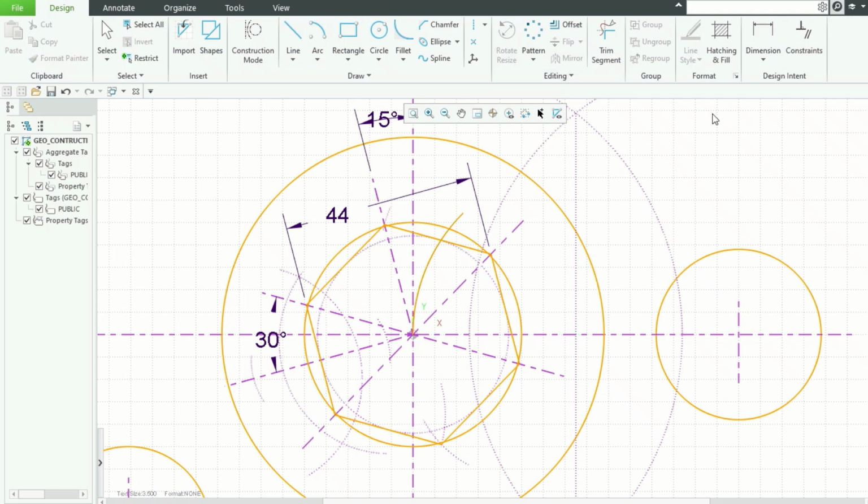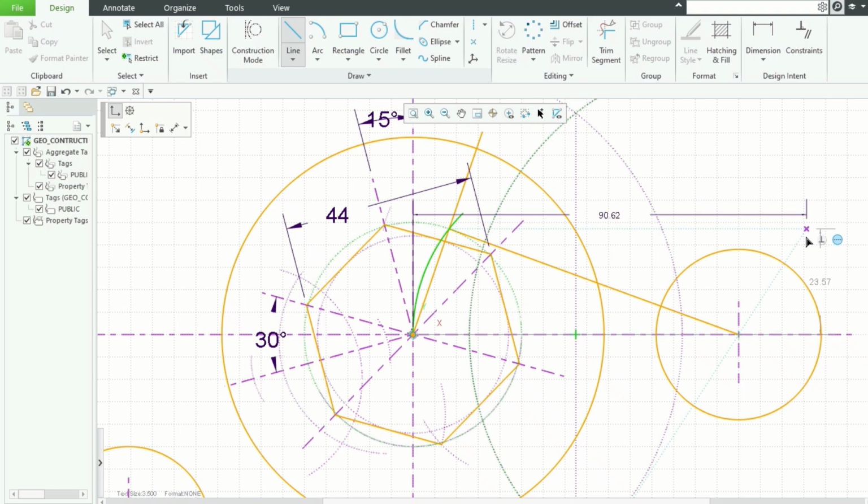Now this is a construction circle, construction element, and let's draw a line which is passing through this intersection point. Let's extend it all the way through. Let's draw a line from this to this. Let's draw a line normal to this.